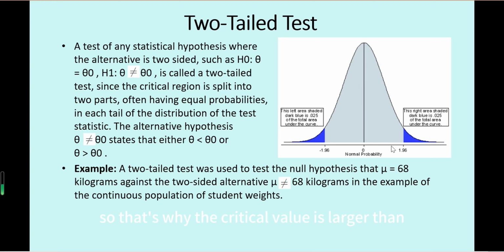That's why the absolute value of the critical value is larger than in the one-tailed test. Here it is 1.96, because 1.96 in a standard normal distribution leaves a probability to the right of about 0.025.